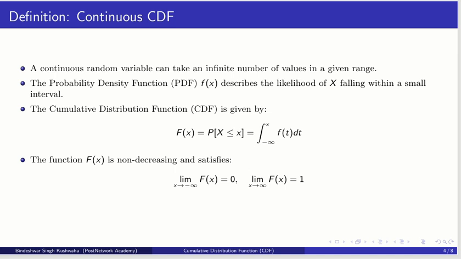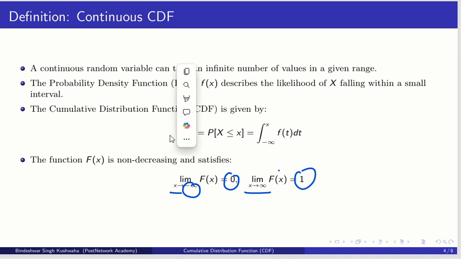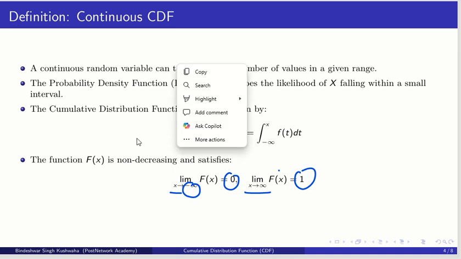One property is that if x tends to minus infinity, F(x) would be 0, and if x tends to infinity, it would be 1. Let us see an example.